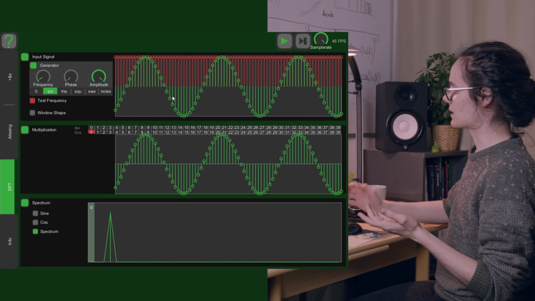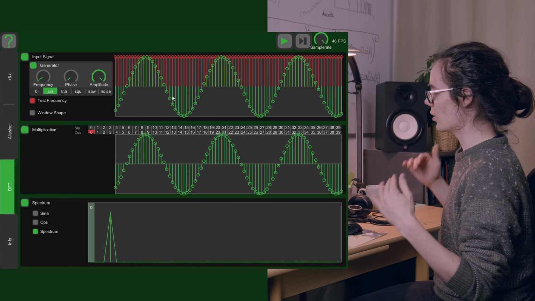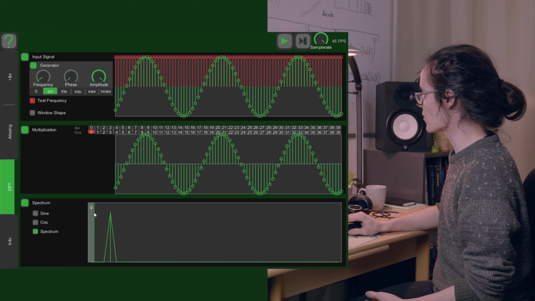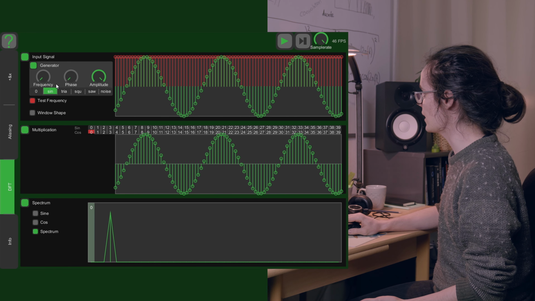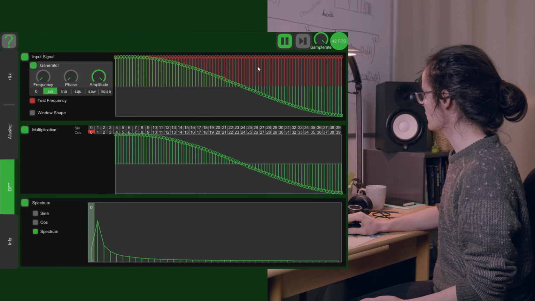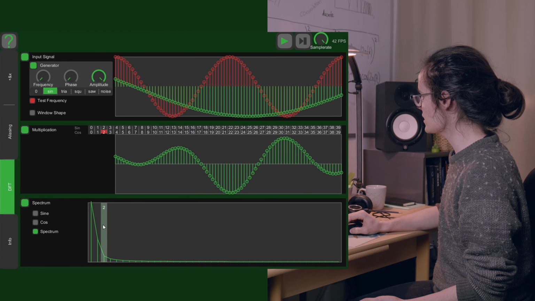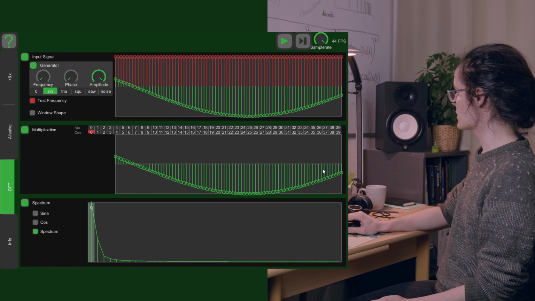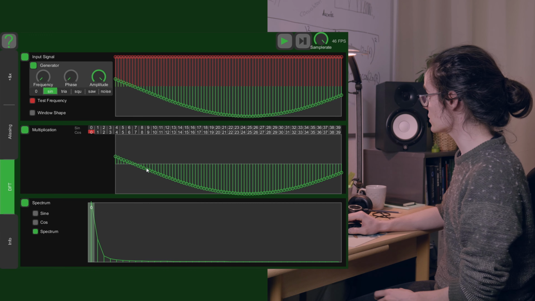So when the input signal has an average higher or lower than 0, we will have a peak at the 0th frequency. Let's try that out by making the frequency like 0.5. Now it looks like this, and suddenly we get a peak right here, right? At the 0th frequency. Yes, of course. Here we can see the average totally goes below 0.